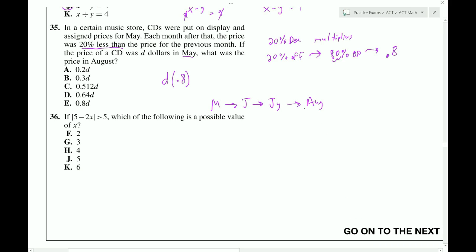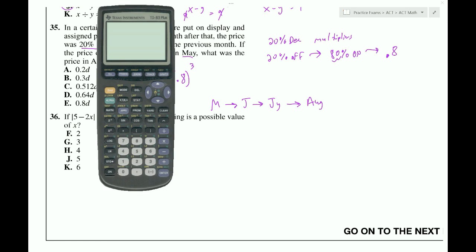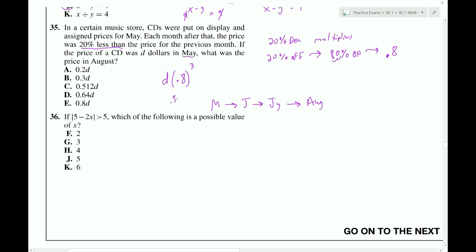In those 3 months, we would need an exponent of 3 on this. So 0.8 to the third power, we can use our calculator here. 0.8 to the third, and we get 0.512 d. So that's going to be answer choice C.